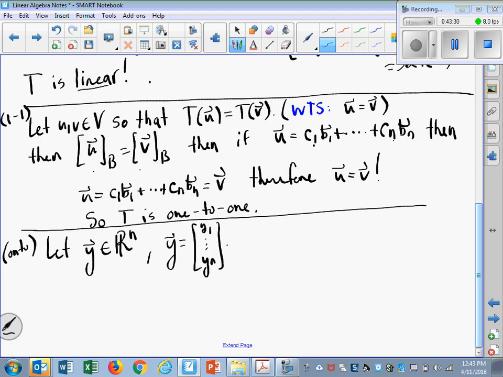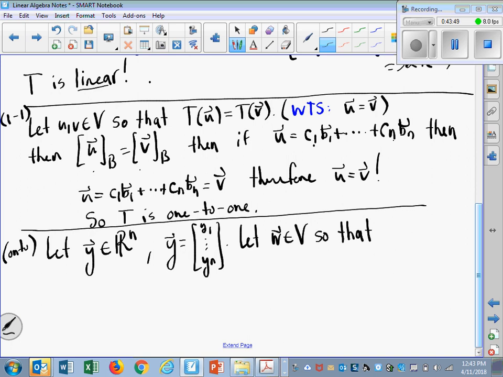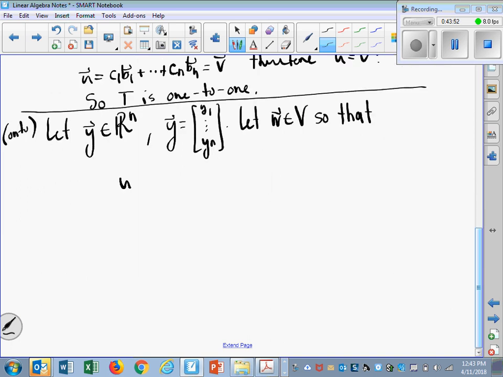So let w be in V so that w is going to be y1 b1 through yn bn. Again, it feels like trickery, but it's not. Notice that I just chose the weights. I used y1 through yn to be the weights of our basis vectors, and then I called this vector w. This is certainly in V, because remember, V has the basis vectors b1 through bn.